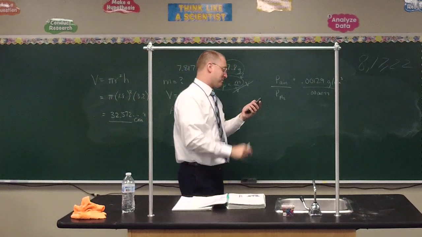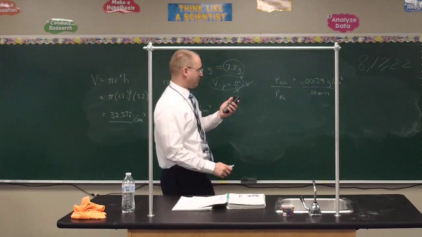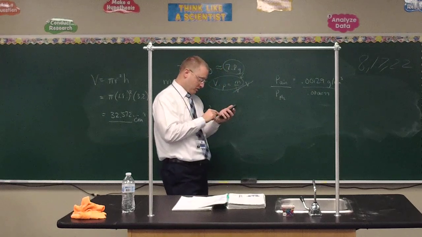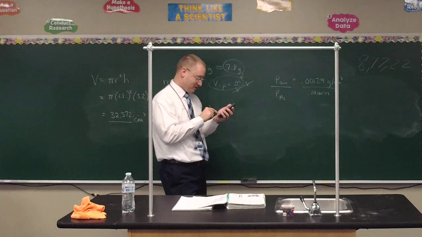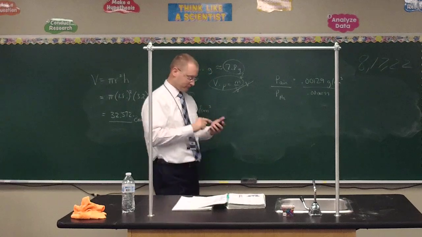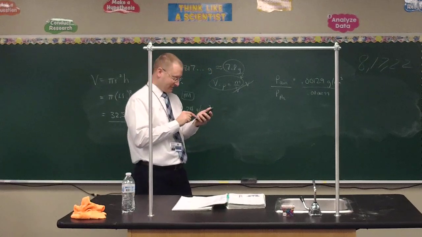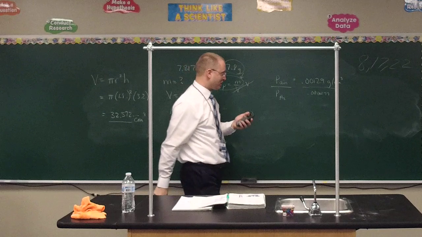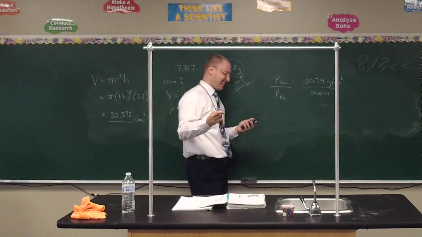What do we get for the specific gravity? That can't be right. Try again. 0.00129 divided by 0.00899. Calculator malfunction.